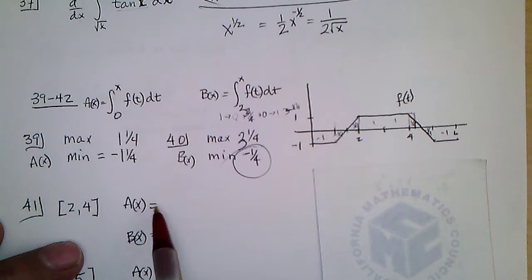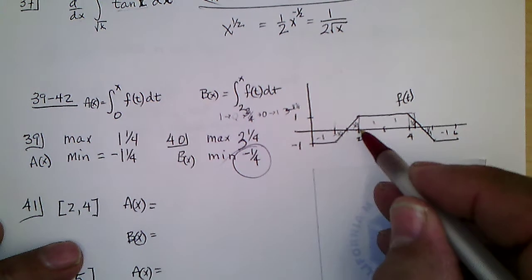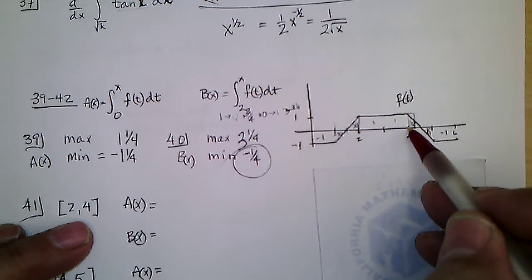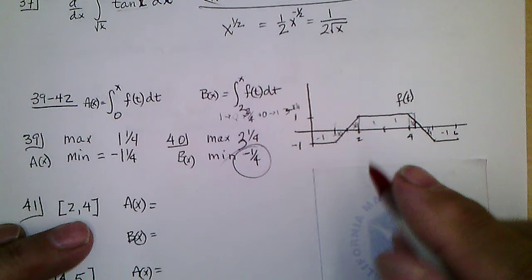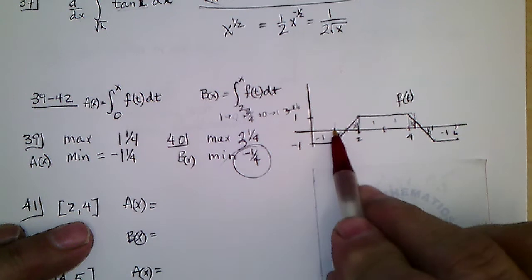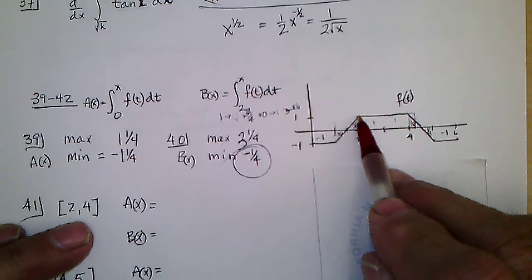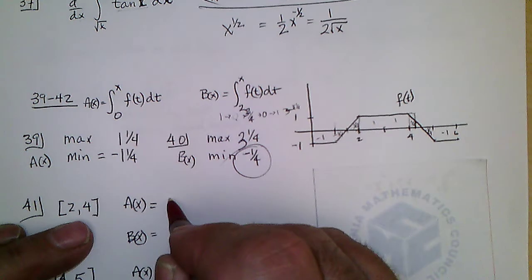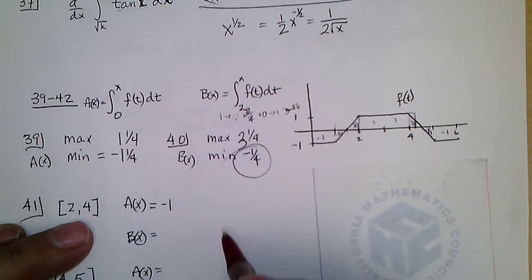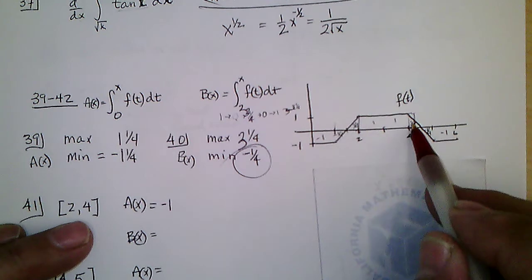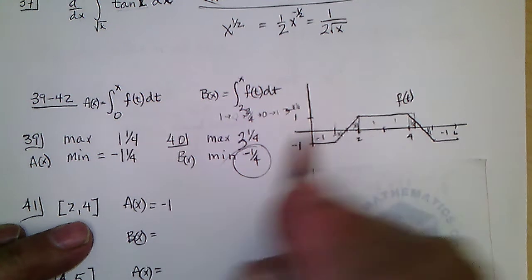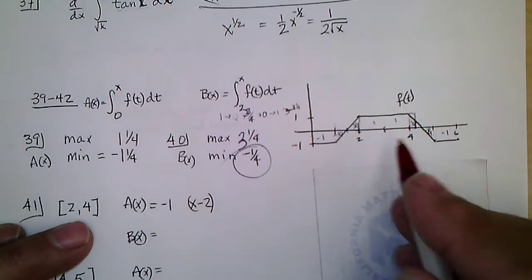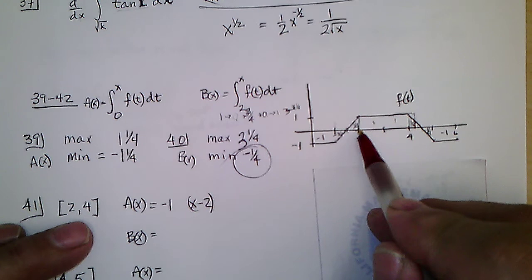Okay, from 2 to 4, what's the formula for the area of A? Well, we had -1. These canceled out, so we had a total of -1 by 2. And then as x increases, we increase. So if we go x minus 2, that's kind of where we're starting at here.